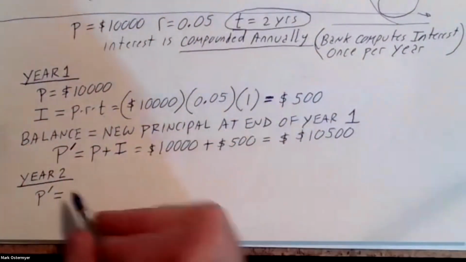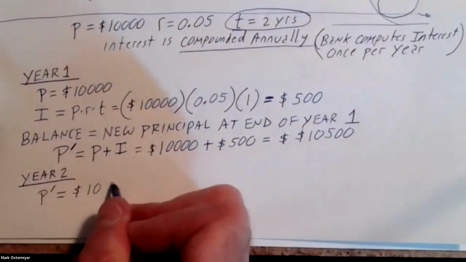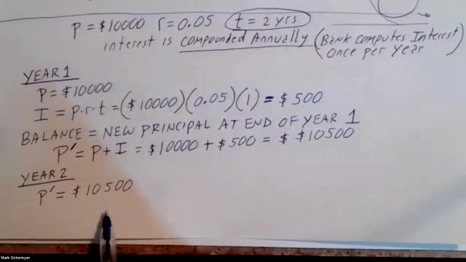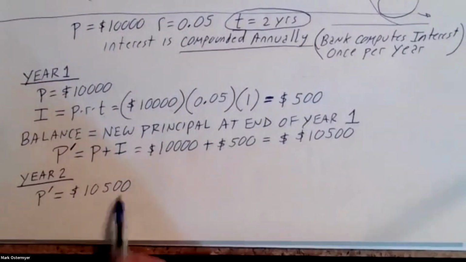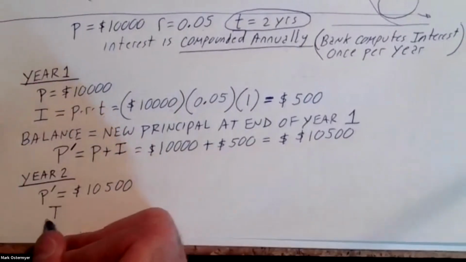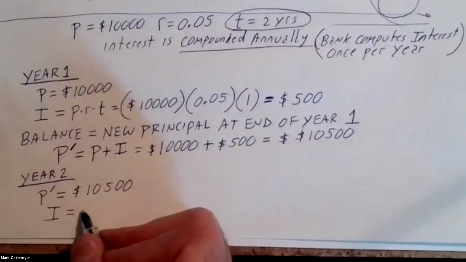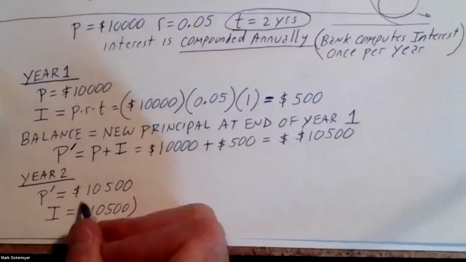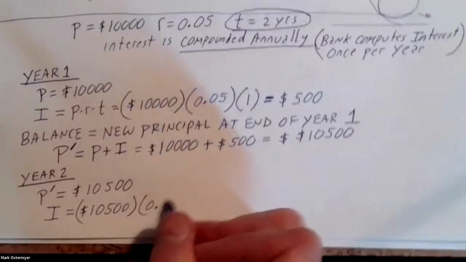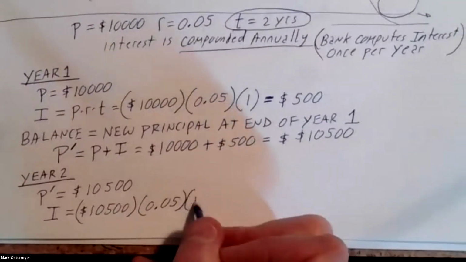Now the new principal is $10,500. How much interest are we going to earn during the second year with our new principal now? Well, the amount of interest we'll earn during our second year is going to be our new principal, which is $10,500, times the interest rate of 5%. That doesn't change, times 1 year.